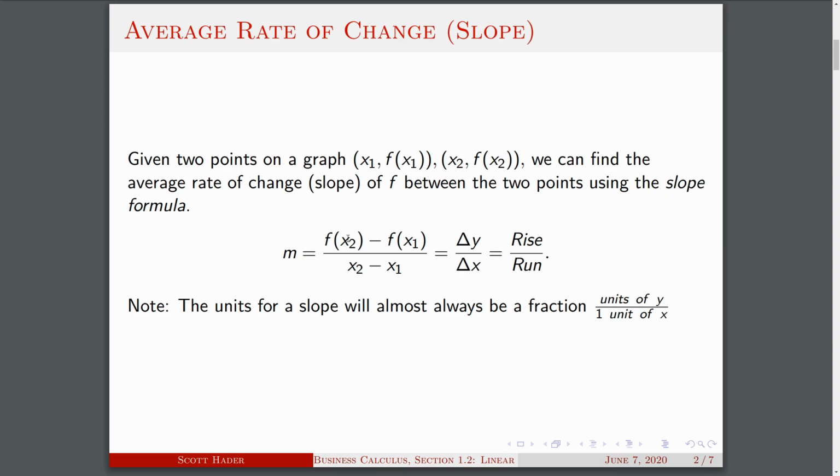For example, if I have the number 1 and I change that to the number 5, I've added 4 to that number, going from 1 to 5. The way I get that change is by taking 5 minus 1, so the second coordinate minus the first coordinate. That's why we write it like that.